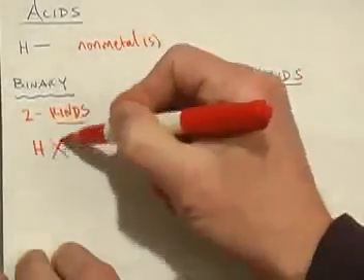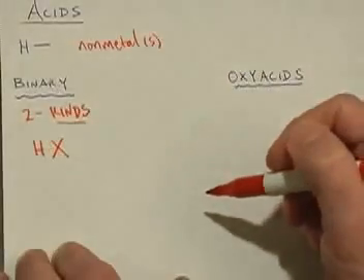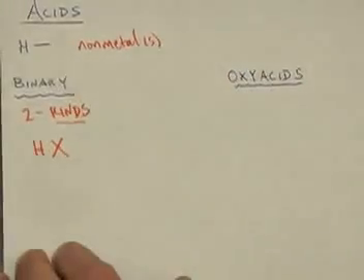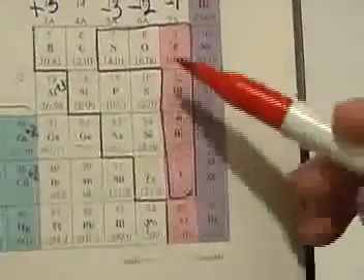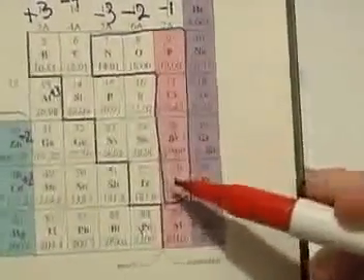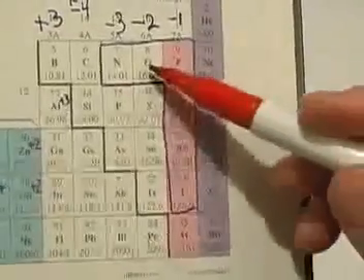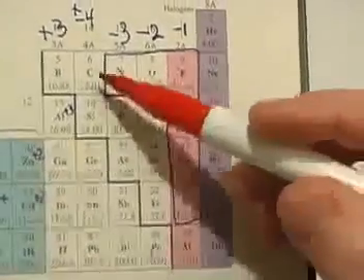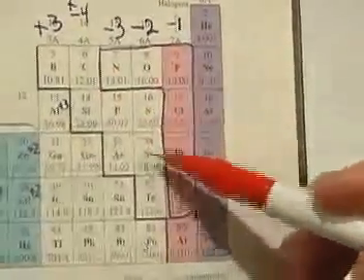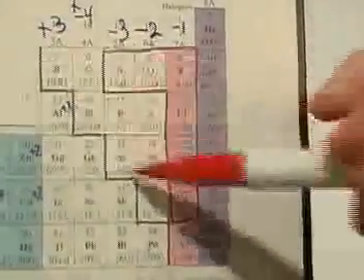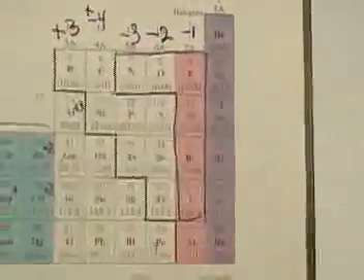I'll just put X here, meaning some type of nonmetal. If you look on your periodic table, there really aren't that many choices of nonmetals. There's fluorine, chlorine, bromine, and iodine, sulfur, oxygen, nitrogen, phosphorus, maybe carbon, and maybe selenium.